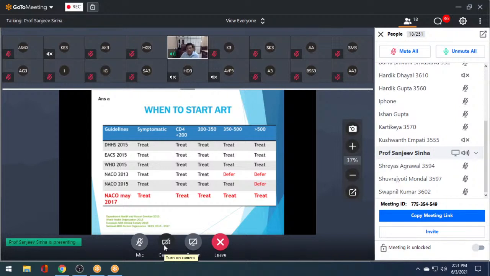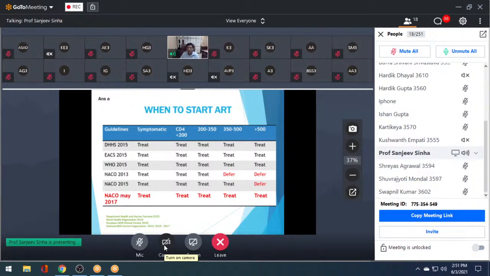Now you can see that NACO is giving antiretroviral therapy free of cost, even without measuring CD4 count. If the patient is HIV positive, you can start antiretroviral therapy without doing a CD4 count, and later on you can do it.